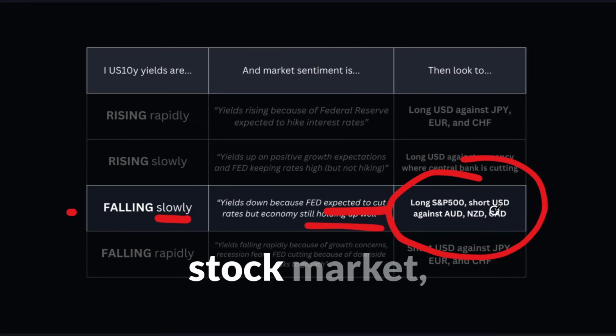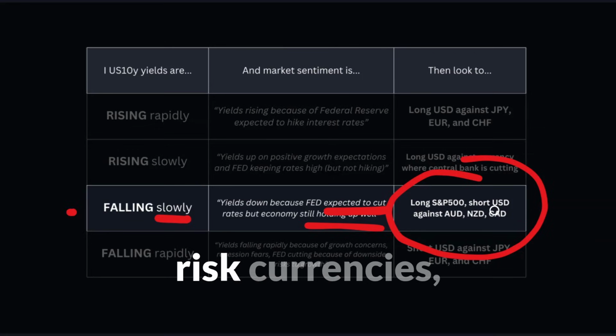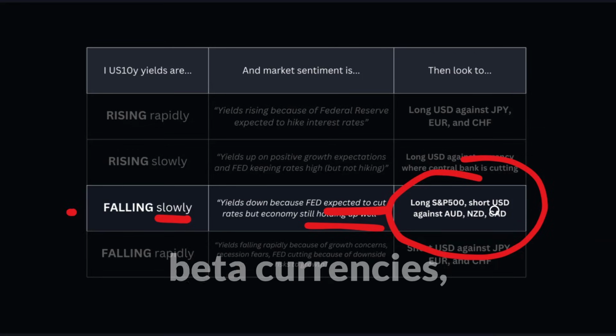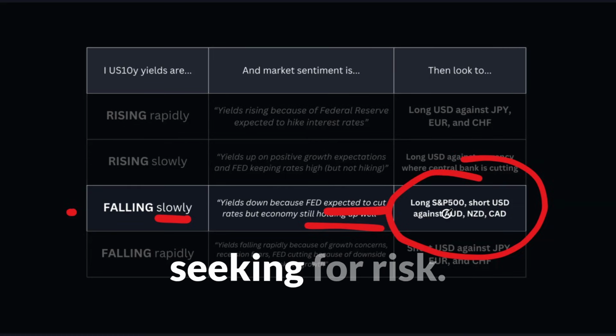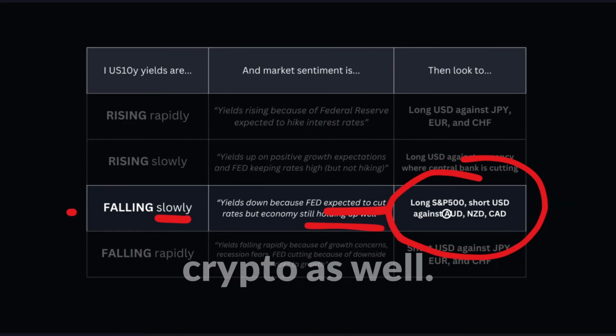It goes into the stock market, it goes into risk currencies, what we call high beta currencies like the Australian dollar, the New Zealand dollar. So it goes seeking for risk. That can be crypto as well.